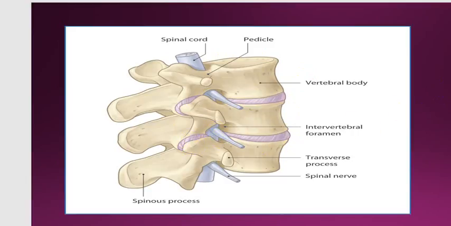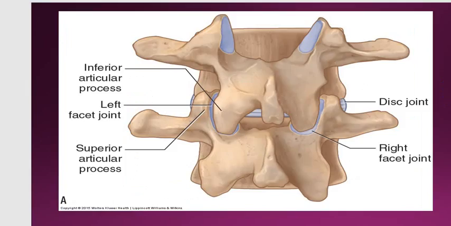Another representation is like this: this is your left facet joint, and this is the back side of your vertebral column, which gives a clearer view. These are joints that can move, but only slightly, and that's why they are called slightly movable joints.